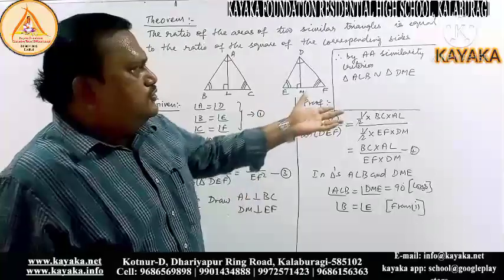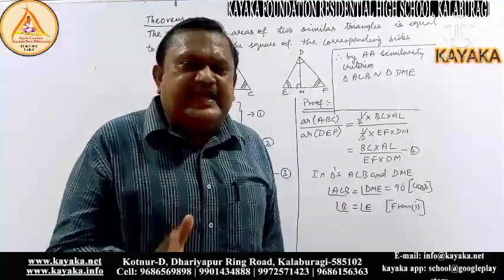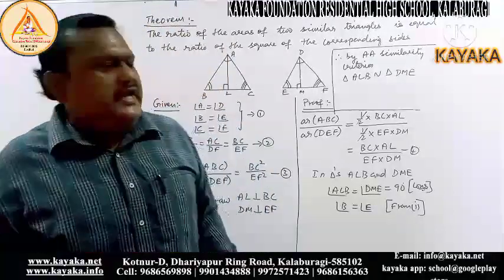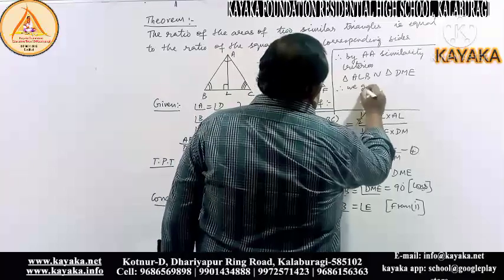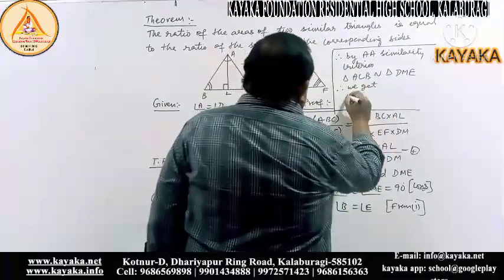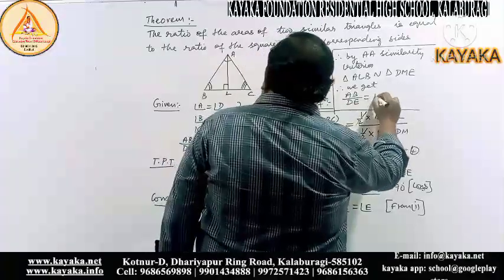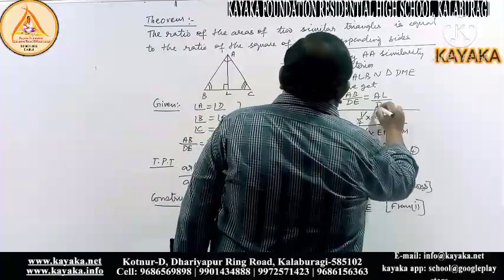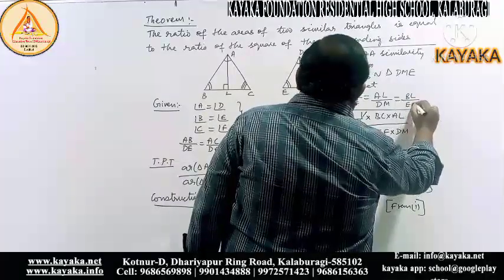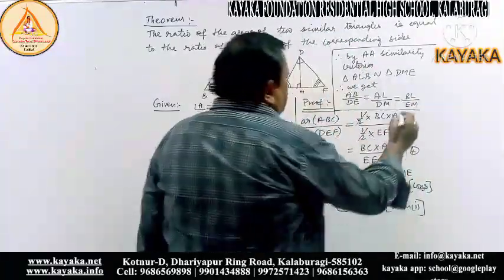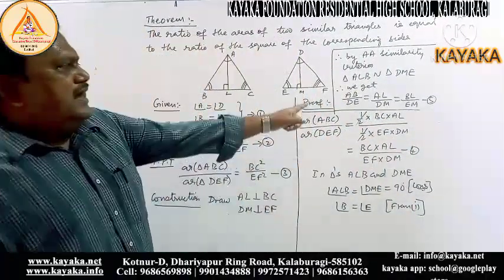Okay, dear children. Now you know that since these two triangles are similar, the corresponding sides will be proportional. Therefore, we get AB by DE will be equal to AL by DM will be equal to BL by EM. You can mark this as 5.